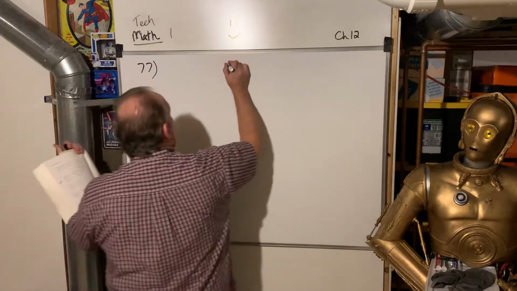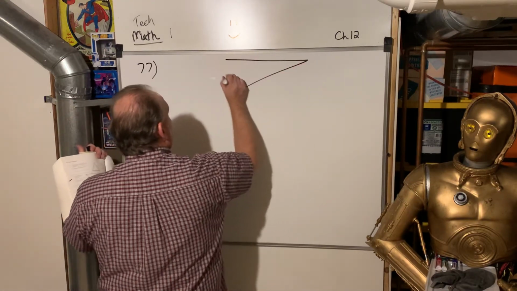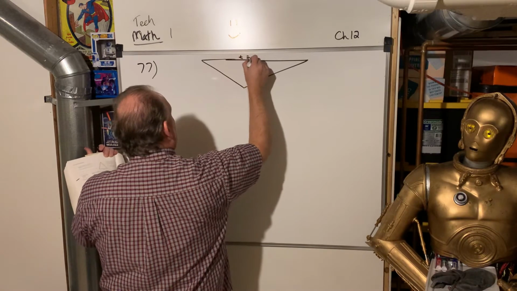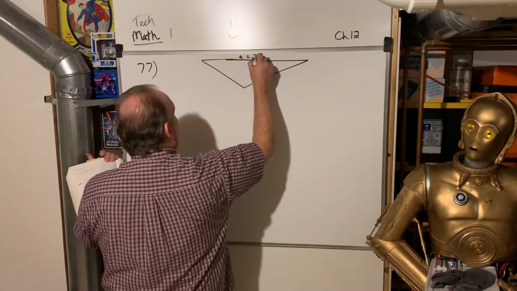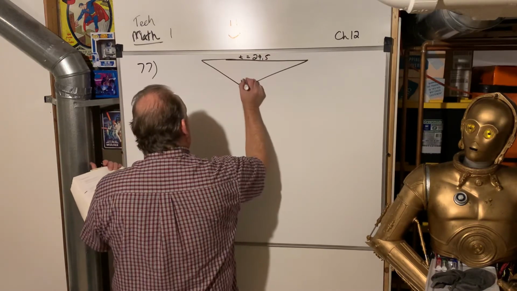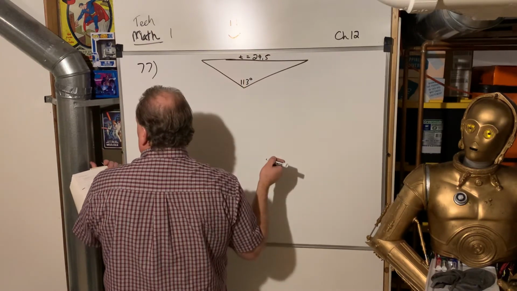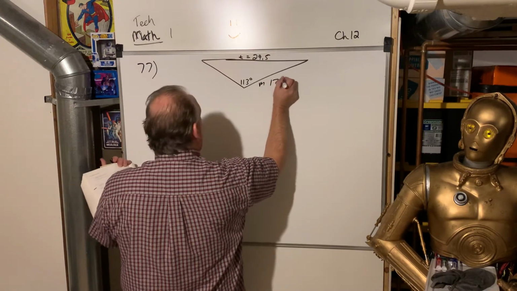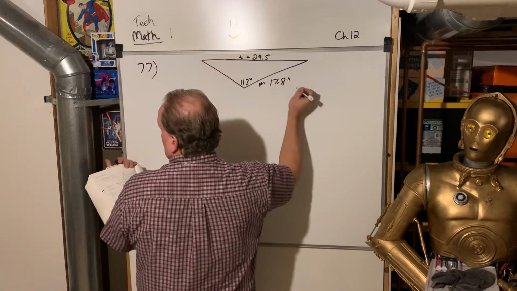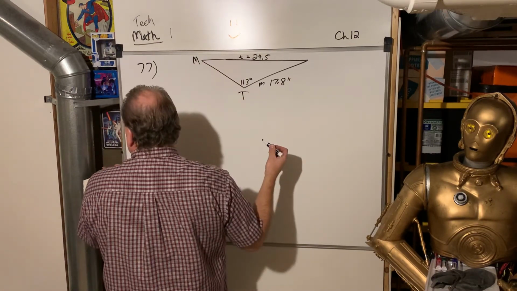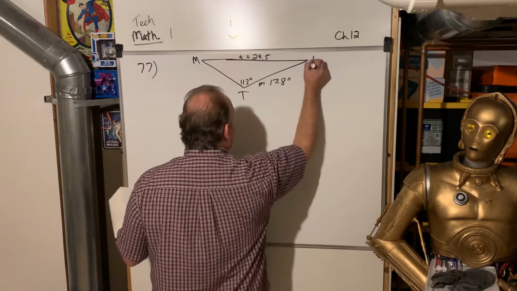It says, which one would you use if they gave you t is 24.5 and the angle is 113 degrees across from it and m is 17.8, and those are in inches, and we have m and we have t and we have p.